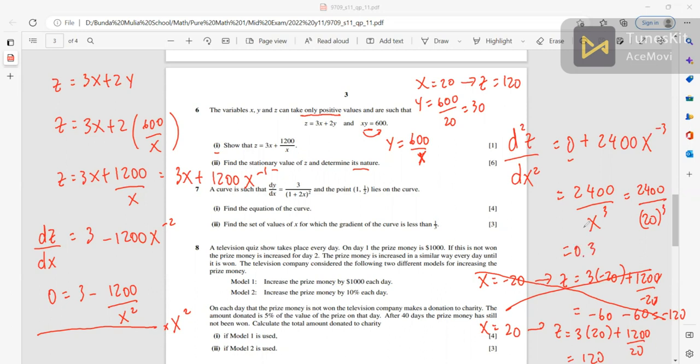So it's positive. If the second differentiation is positive, it means the nature will be minimum. Okay, that is for number 6.